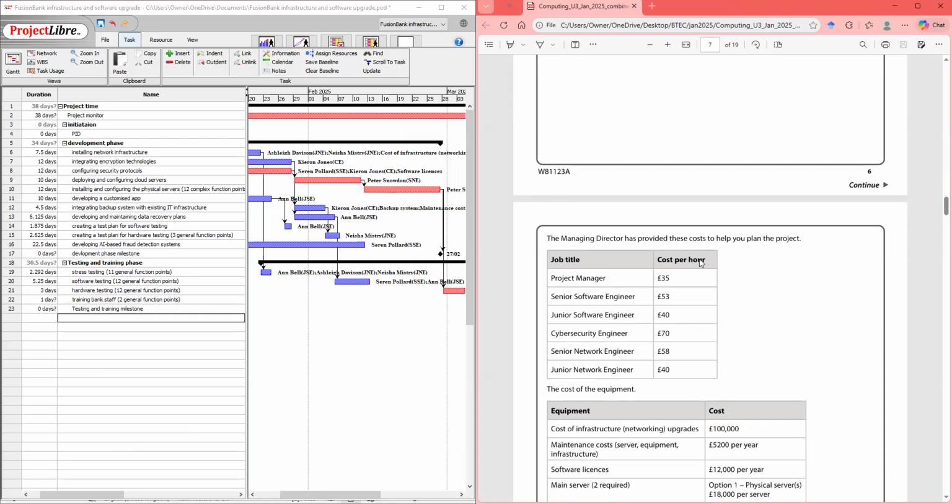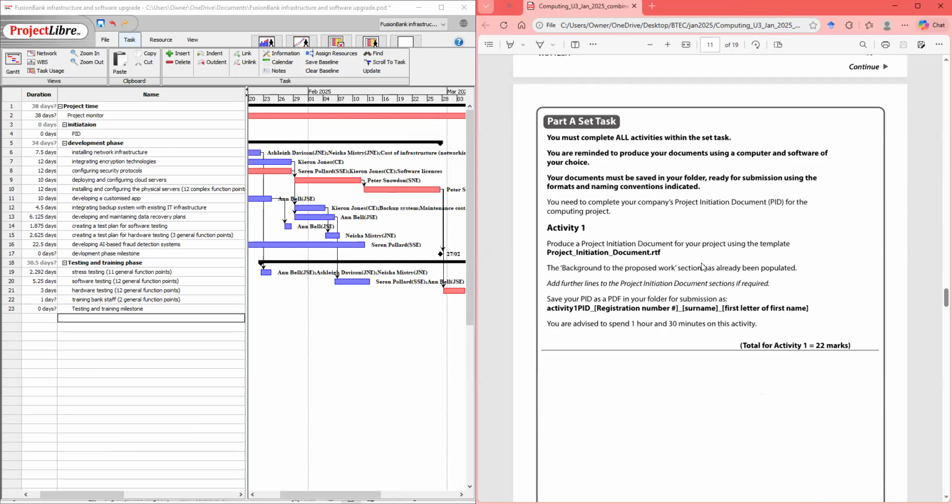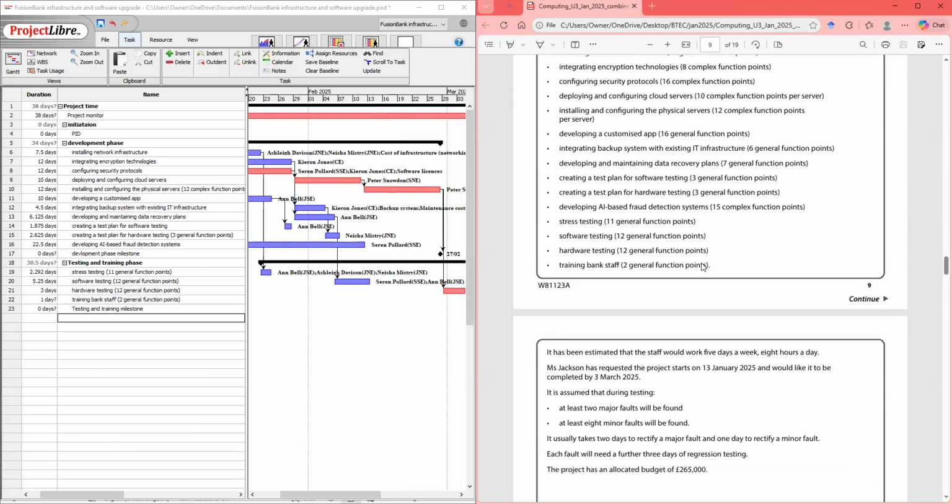So let's look at what the regression is about now. It is expected 2 days to rectify a major fault and 1 day to rectify a minor.